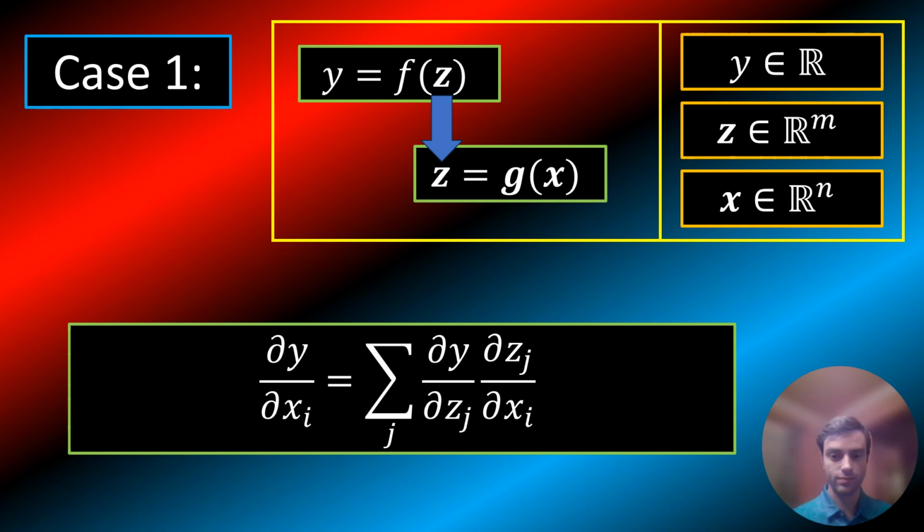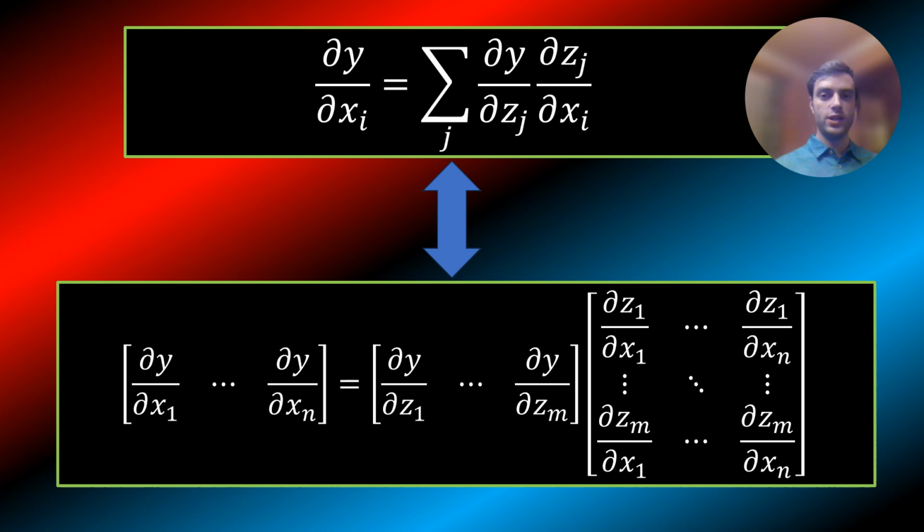So this is the multivariable chain rule for the ith element in x. And what we're doing is that we're summing up all the possible paths from y to x through the intermediate variable z. And if you need to review the multivariable chain rule, then I suggest ChatGPT or the internet or YouTube. And let's proceed.